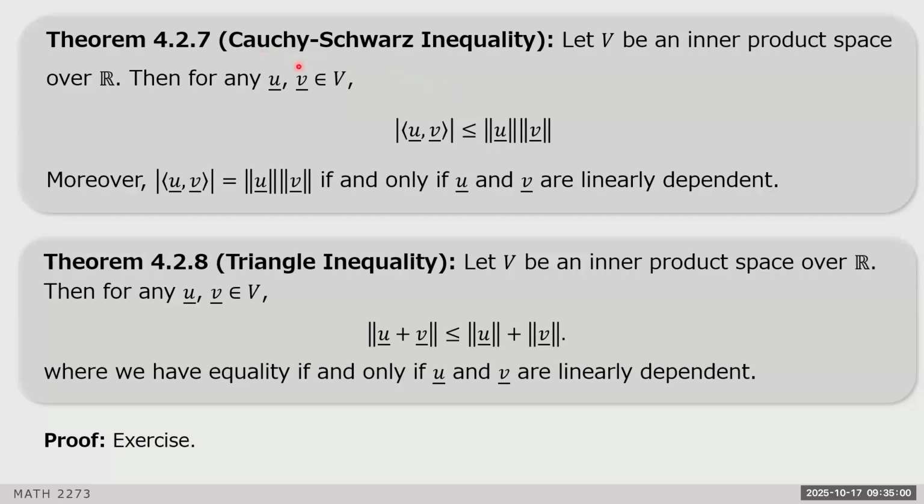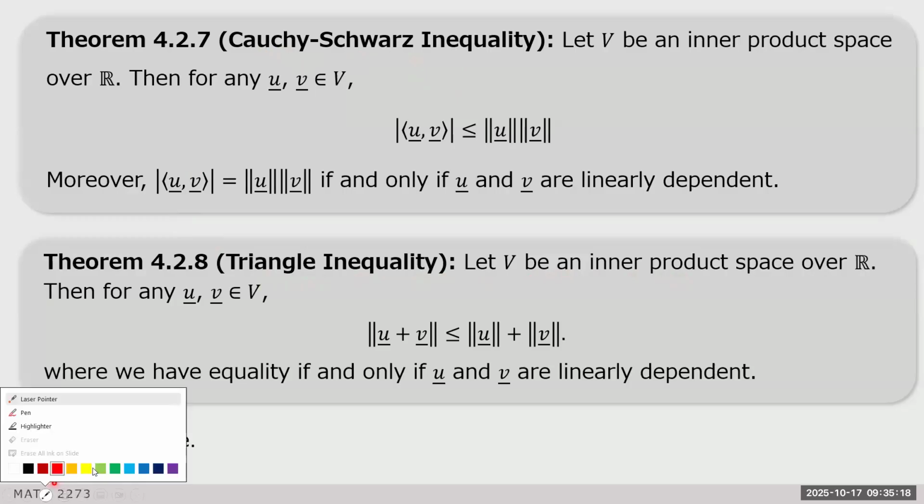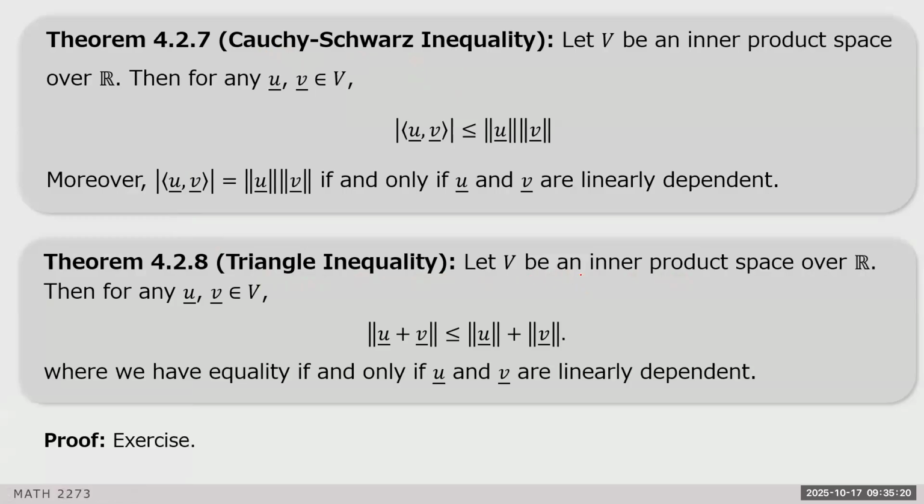Okay, so from the Cauchy-Schwarz inequality, you could prove the triangle inequality. Again, you may have met this in your first year courses where you study complex numbers, but it holds not only for complex numbers, it holds for any inner product space.